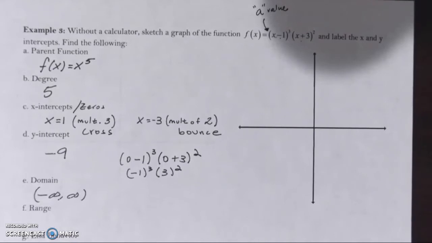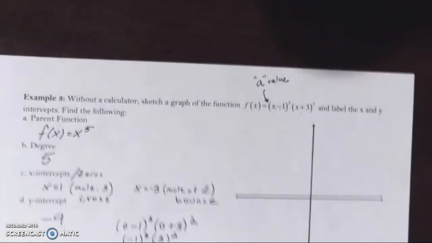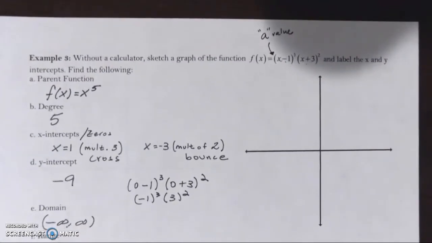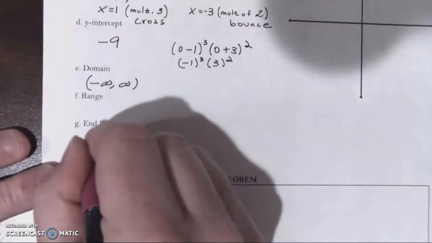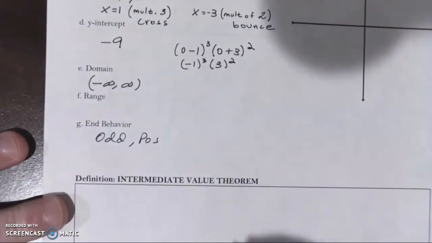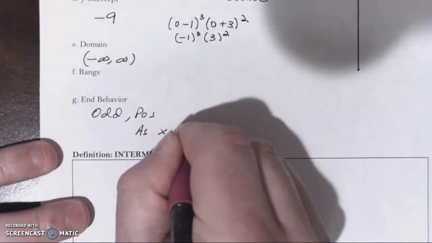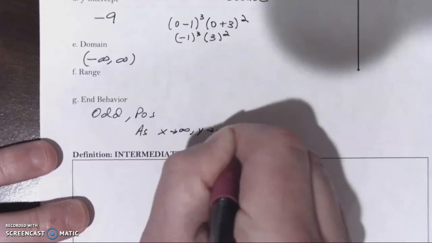Let's deal with the end behavior. This is a positive, odd-degreed polynomial. Odd degree, positive leading coefficient. So we have odd, we have positive, which means our end behavior will be as x approaches infinity, y will approach infinity.